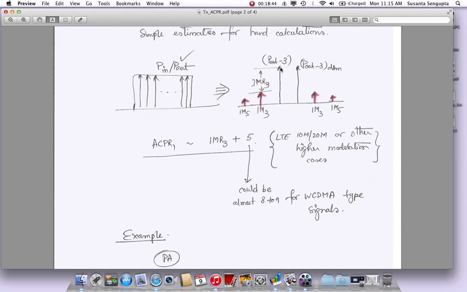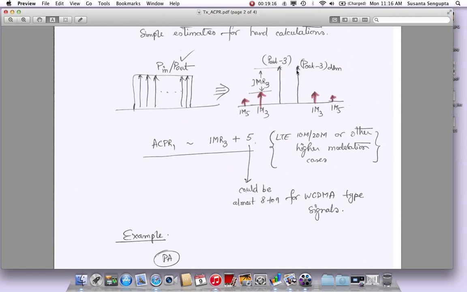Why is it so? Because remember, here there are two tones which are giving an IM3, right? So you've got an IMR3, but this two tone is only representing a simple scenario compared with these multitones, right? When you actually have these multitones, many IM3 components will be generated. They are not going to be in phase. By doing this, we have actually put a constraint on ourselves, saying that they are all in phase, and that's why this will actually generate a stronger IM3.